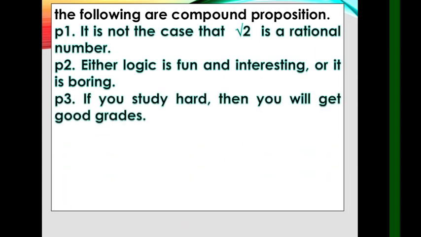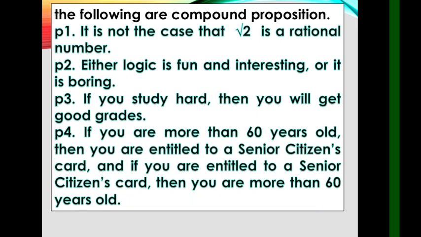P3: If you study hard, then you will get good grades. P4: If you are more than 60 years old, then you are entitled to have a senior citizen's card, and if you are entitled to have a senior citizen's card, then you are more than 60 years old.